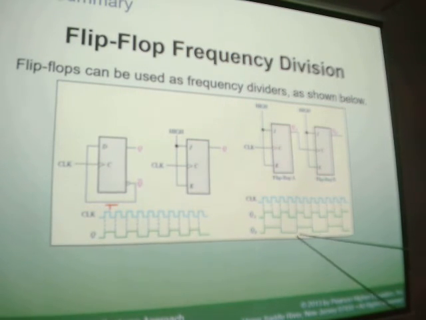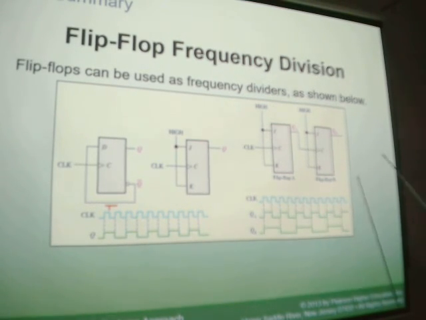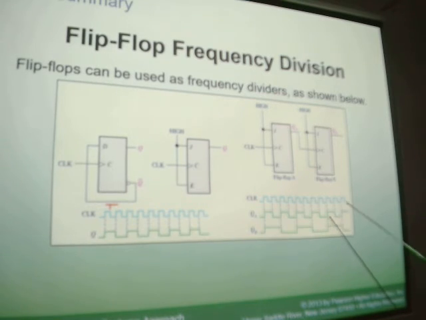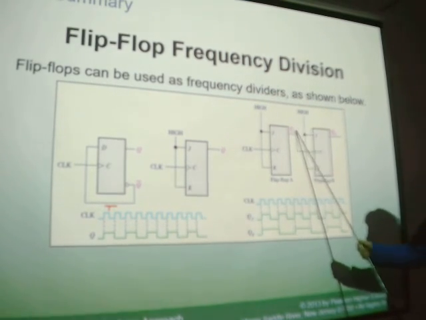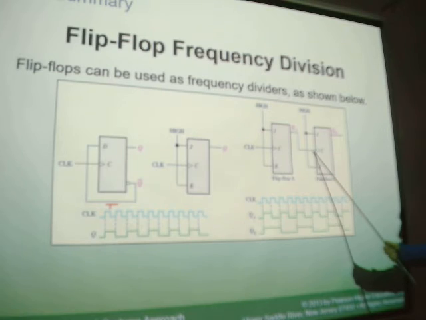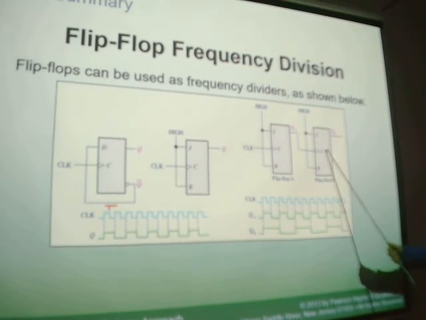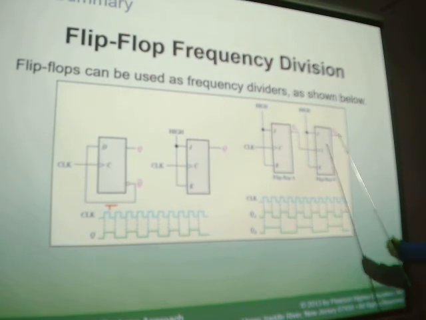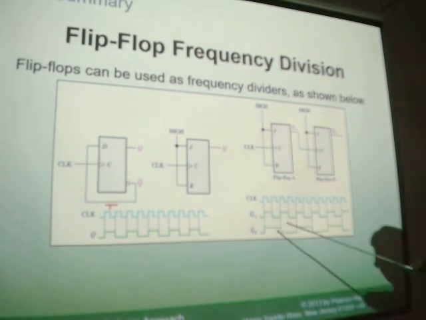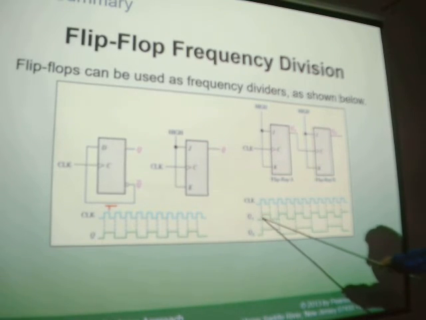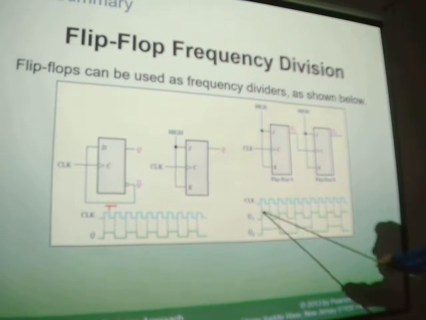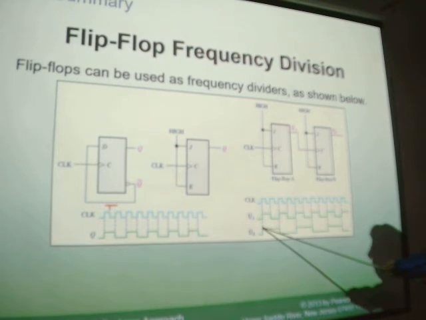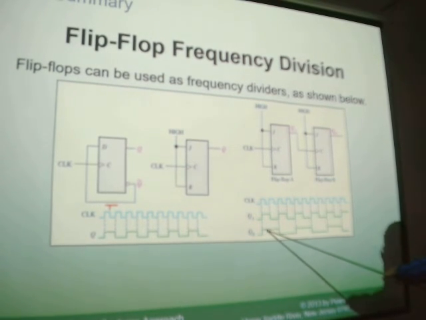Do you know the reason? Because QA is used as the clock input of the second flip-flop, B. When the positive edge comes, on the positive edge, the value of the output will change.